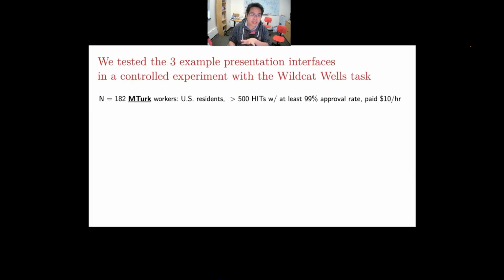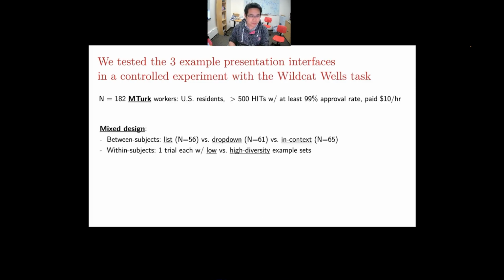We then test these example presentation interfaces in a controlled experiment. We had 182 MTurk workers who had at least a 99% approval rate with at least 500 HITs completed. We paid them $10 per hour.